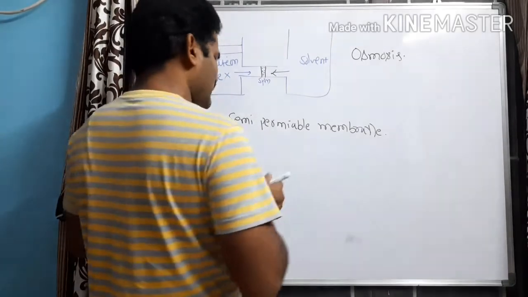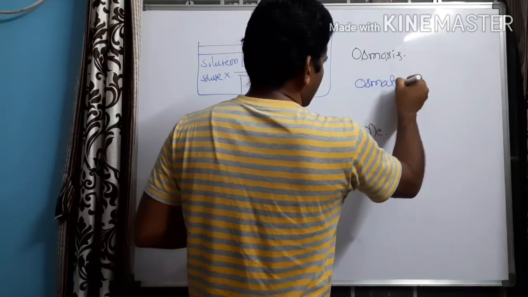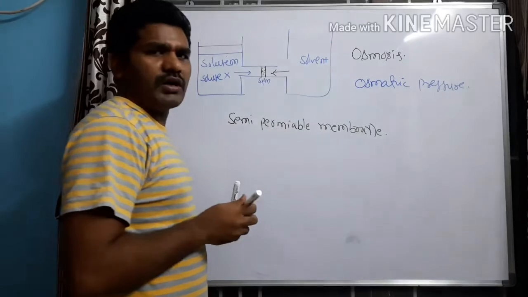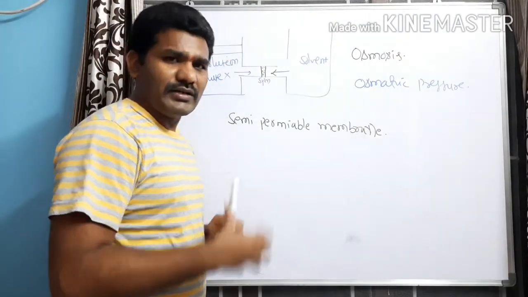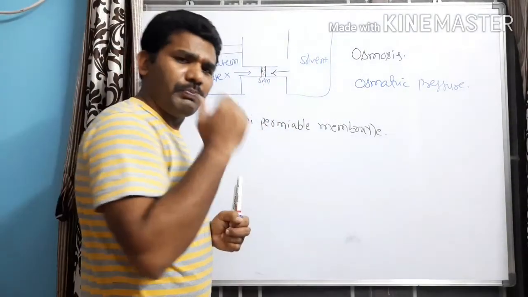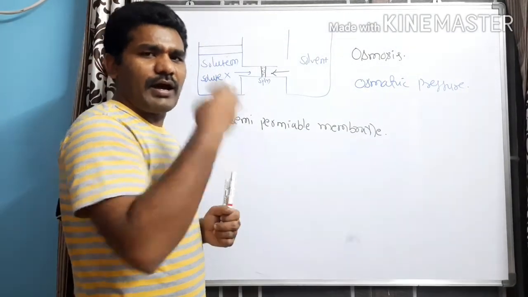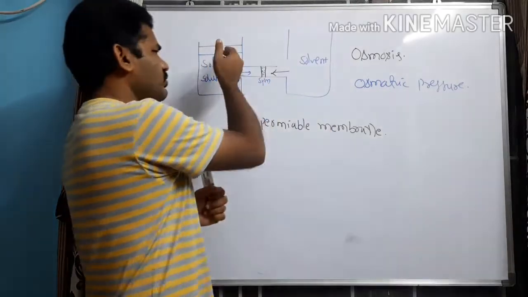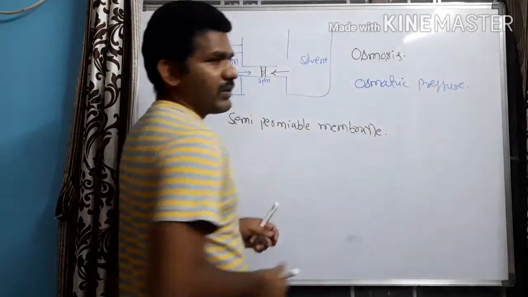Now let us try to understand another important term, that is osmotic pressure. Osmotic pressure is the excess pressure to be applied on the solution side to prevent the osmosis process.